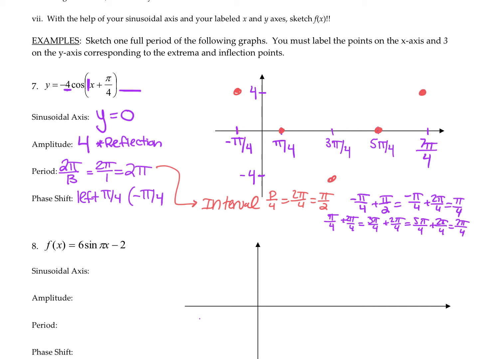But when it's reflected, it's going to reflect over that sinusoidal axis. So instead of starting at the maximum, it's actually going to start down here at the minimum, go to the middle, go to the maximum, go to the middle, and then go to my minimum. And then my reflected cosine graph will look like this.